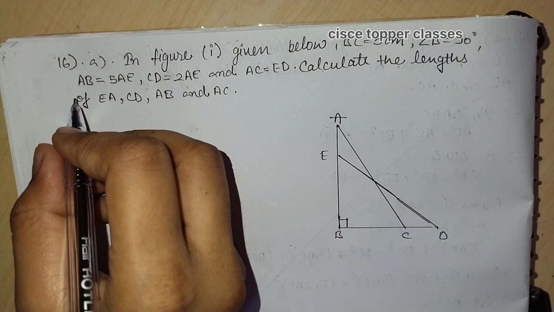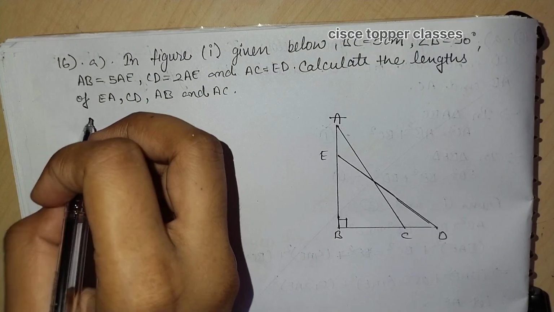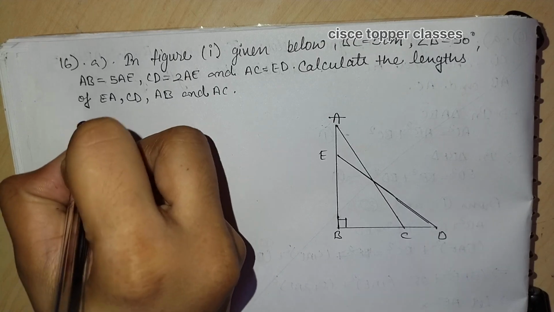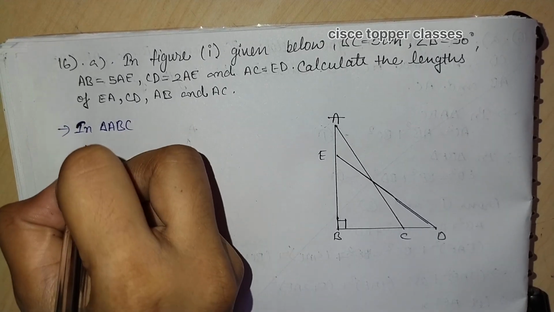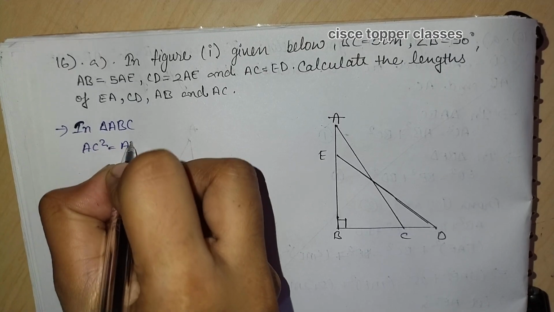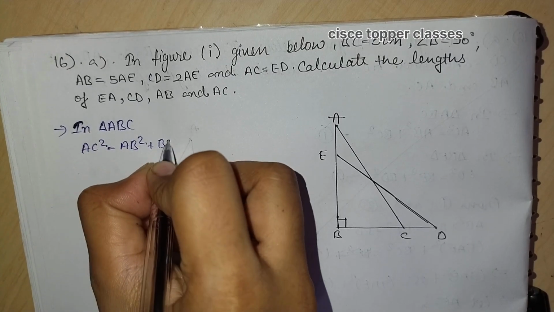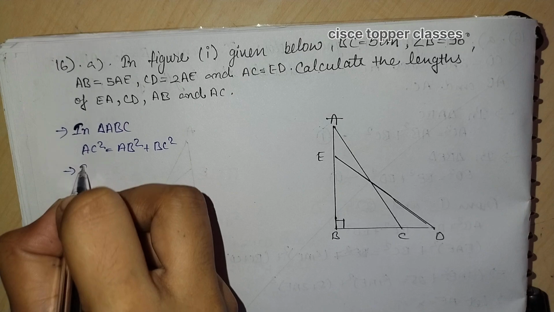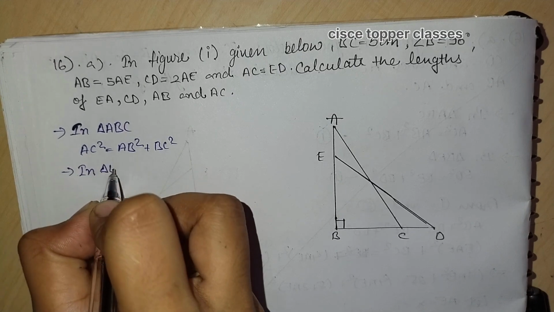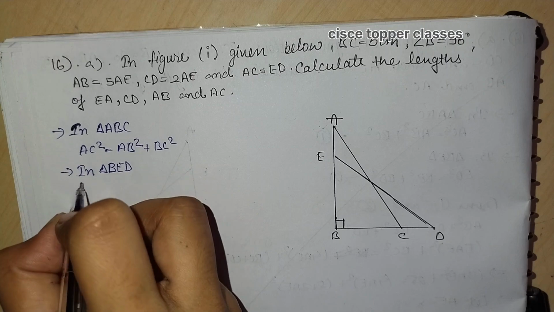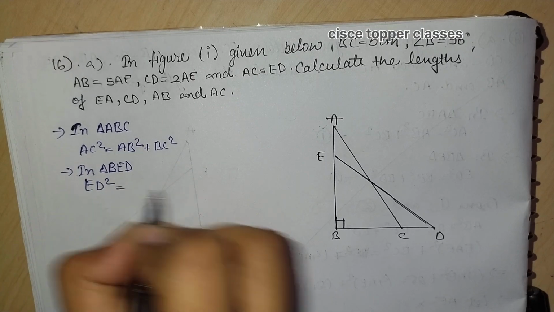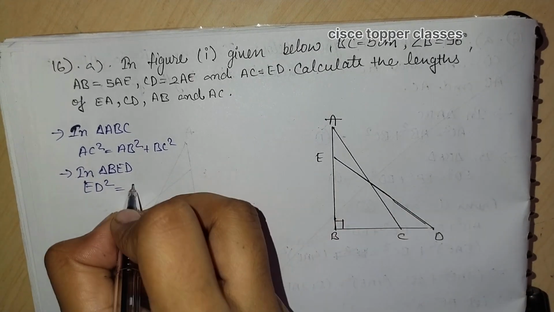Let us solve question 16, first part. Firstly, in triangle ABC, we can write AC square is equal to AB square plus BC square. And now in triangle BED, we can write ED square is equal to BD square plus BE square.